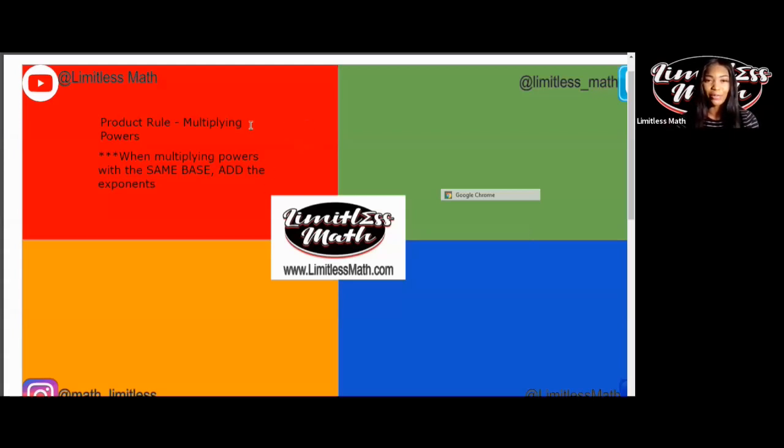Now let's pause for a minute for vocabulary because we do need to make sure we know what I mean when I say powers and bases and exponents and all of that. So let's say we have a to the 5th power. This whole expression can be called a power because it has a base and an exponent, right?